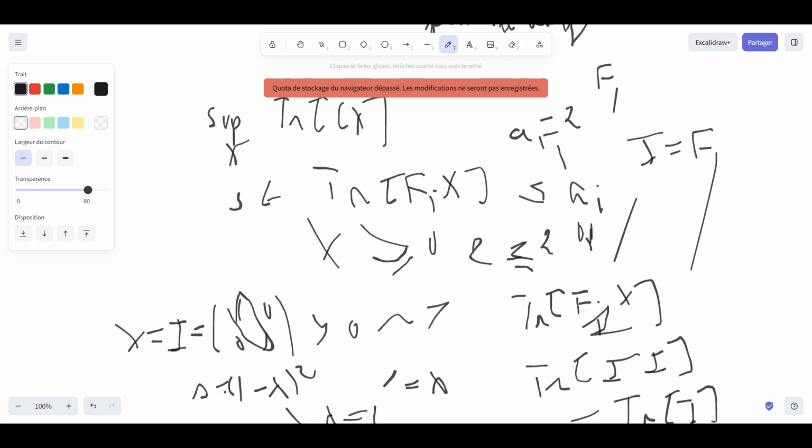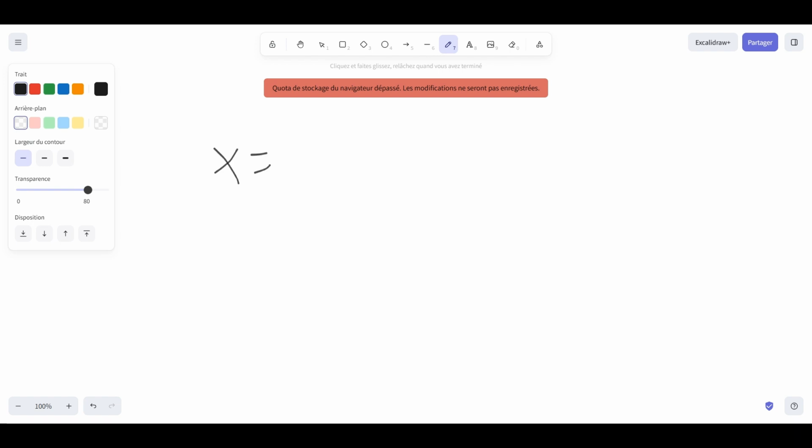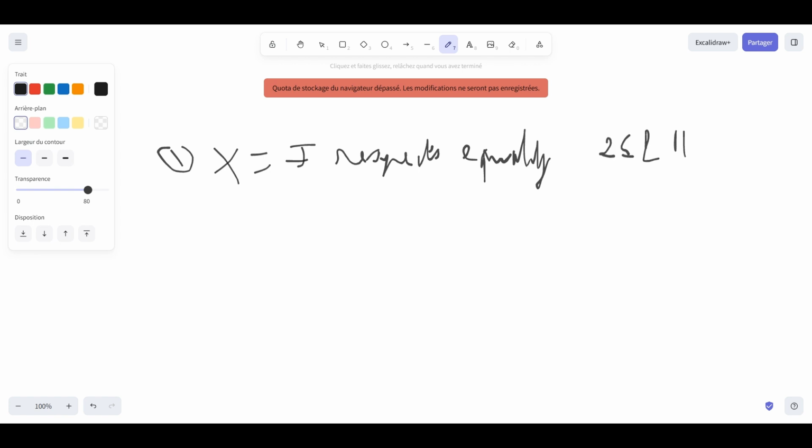And so because we find a matrix x equal I which respects the equality and which is positive, with no eigenvalues that are 0 but always strictly superior, you just find a strictly feasible problem. x equal I respects the constraints, if you prefer. So 2 is inferior to 2, okay.